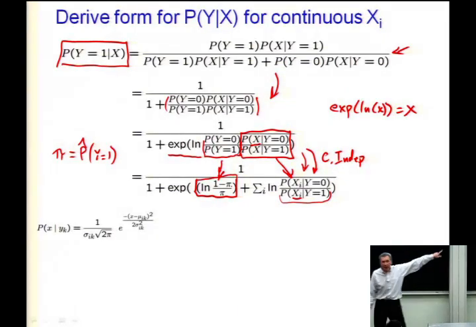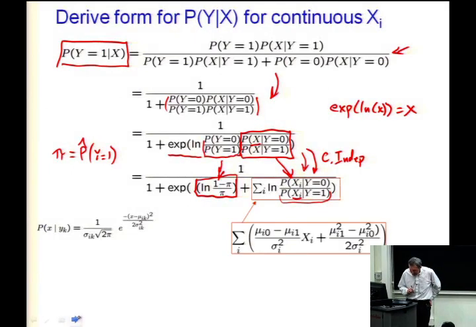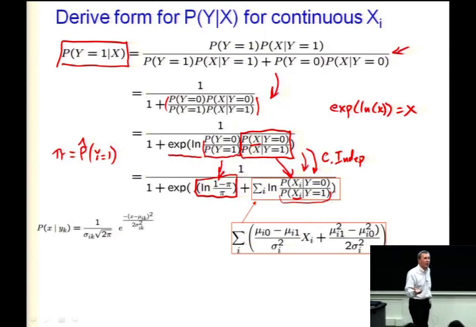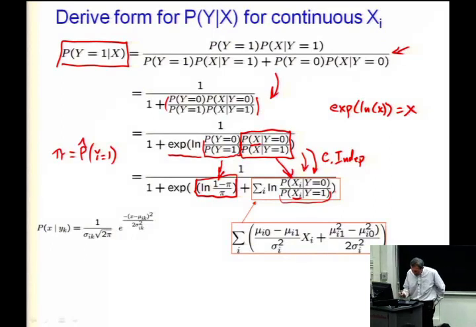Okay, so now if I bring in that Gaussian assumption, then this ratio, and you can work this out in detail yourselves. In fact, the required reading, which is on our website, goes through this in enough detail that you can follow the derivation pretty clearly.